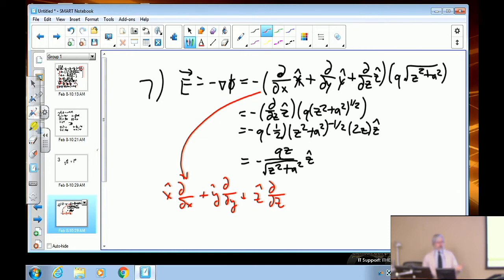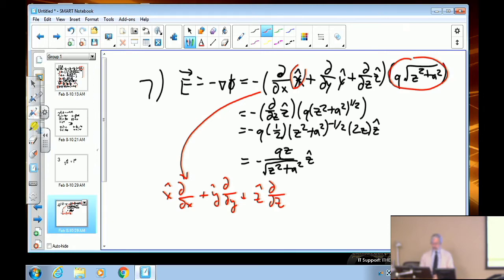But remember that the derivative operator acts on anything to the right. And so in this case, this would be operating on both this unit vector and this stuff here. But of course, the unit vector is a constant, so it doesn't matter. But when we go to other coordinate systems, the unit vectors depend on where you are in the plane or in the space. And so those derivatives of the unit vectors are not 0 anymore.